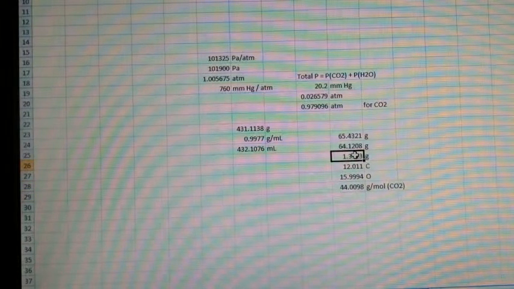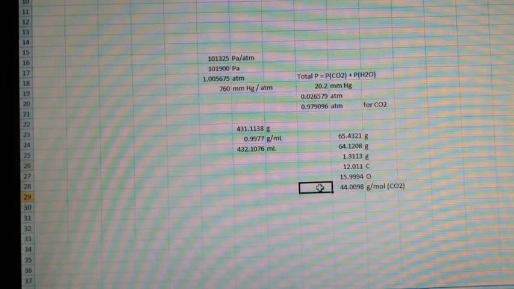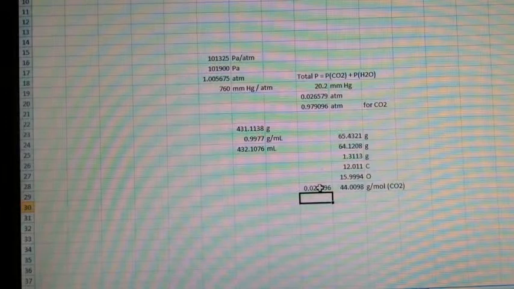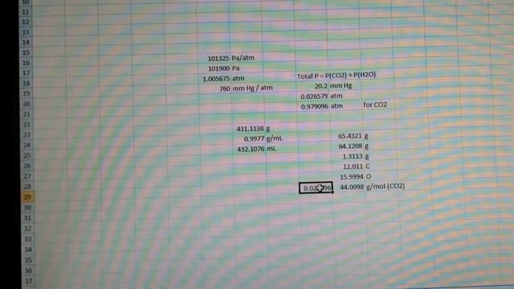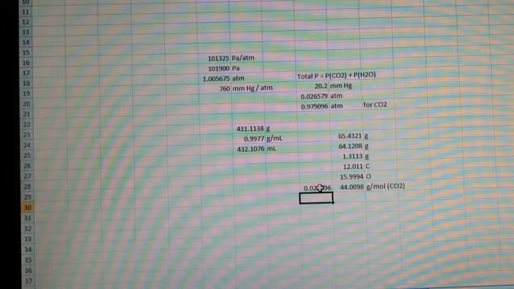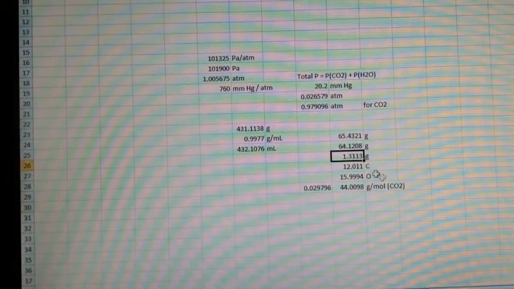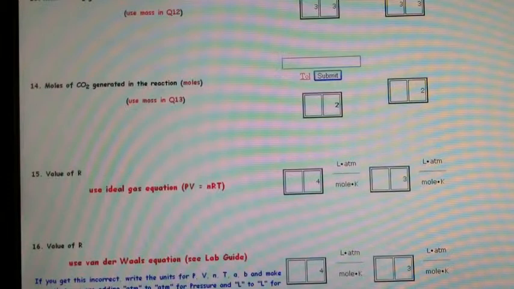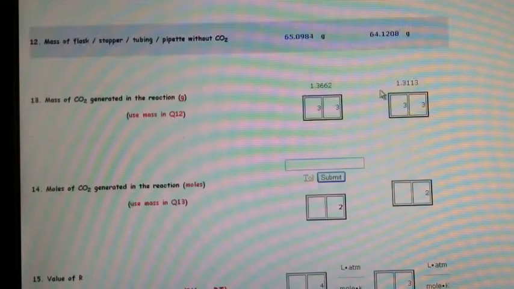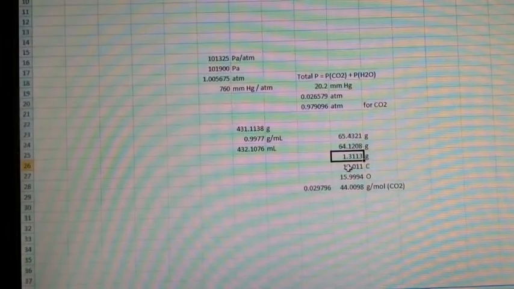I'm going to take the mass and divide that by my molar mass to get the moles. And I will do the same thing with my other trial, where I had 1.3662.